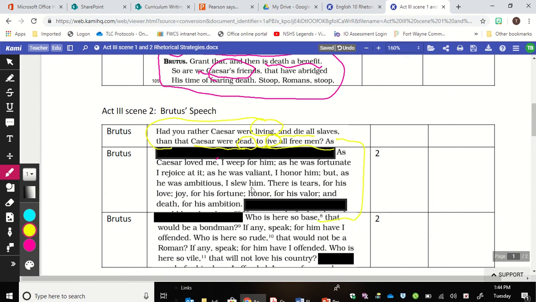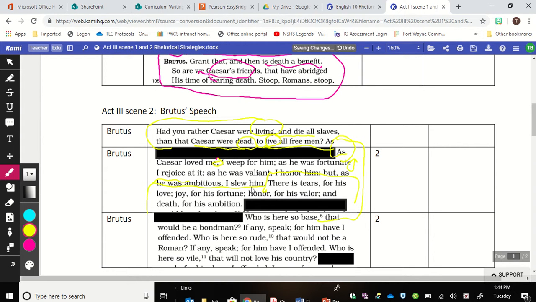This section right here, too, is another good example of parallel structure. "As Caesar loved me, pause, I weep for him. As he was fortunate," there's a pause there, "I rejoice at it. As he was valiant, I honor him. But as he was ambitious, I slew him." And even the next sentence is parallel structure as well.